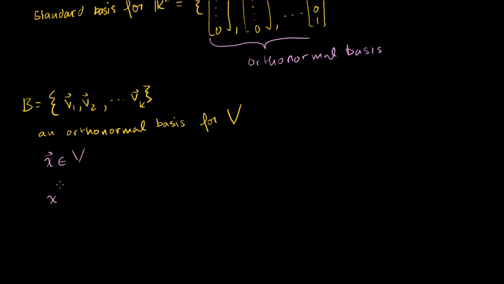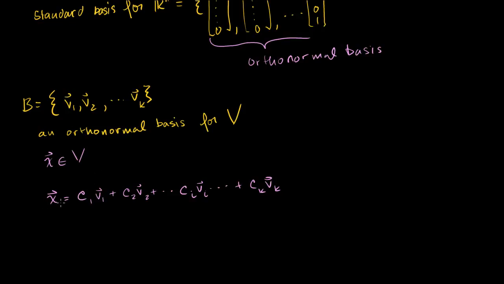So x can be represented as some constant times v1 plus some constant times v2 plus, the ith constant times vi, all the way to the kth constant times vk. That's what being a member of the subspace means. The subspace is spanned by these guys, so this vector can be represented as a linear combination of those vectors.